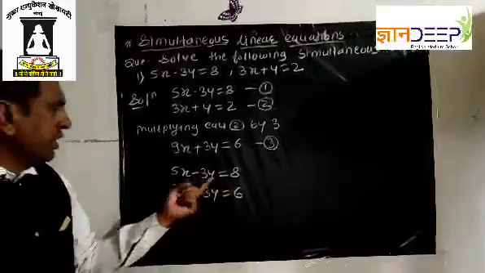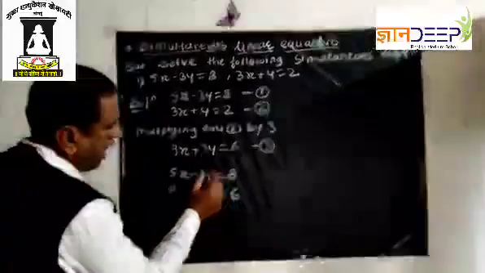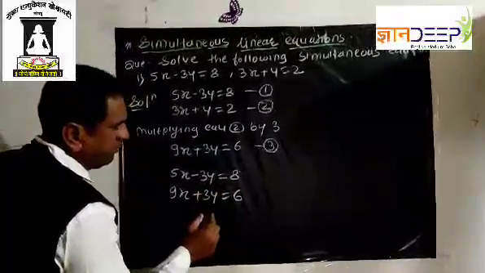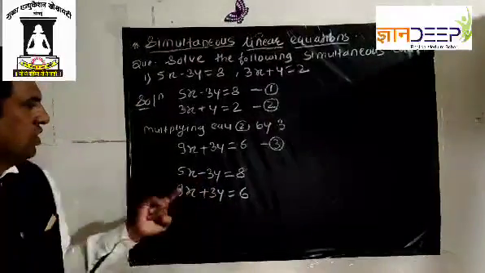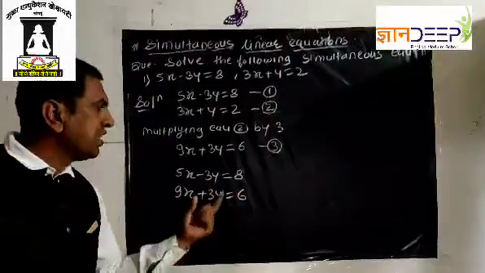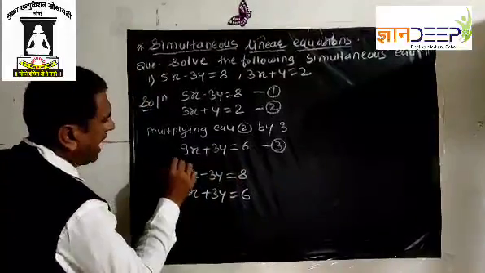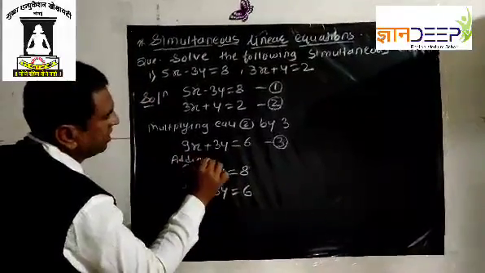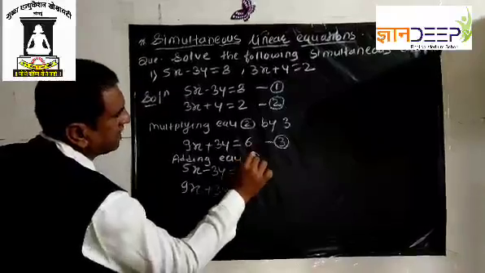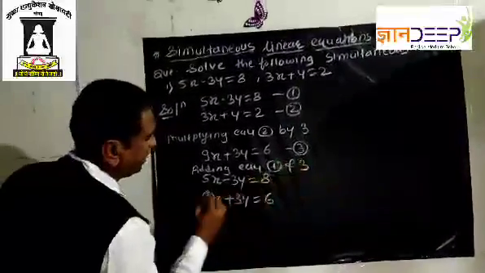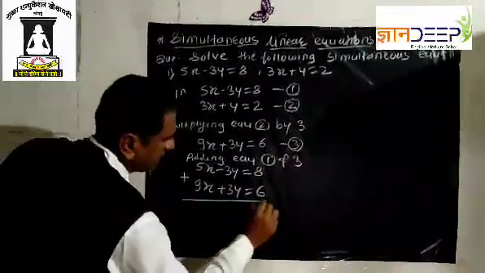Now see, in both the equations the y variable term is the same, signs are different. So we want to do the addition of these two equations. So here you can write, adding equation 1 and 3. So do the addition of both equations.